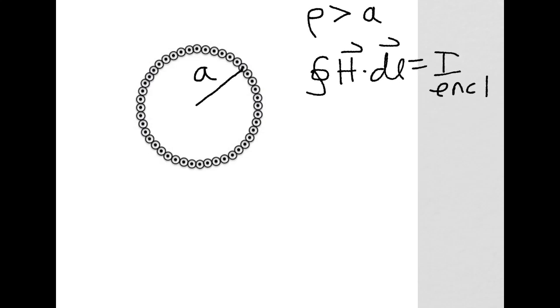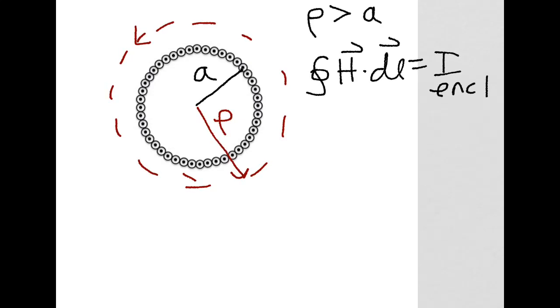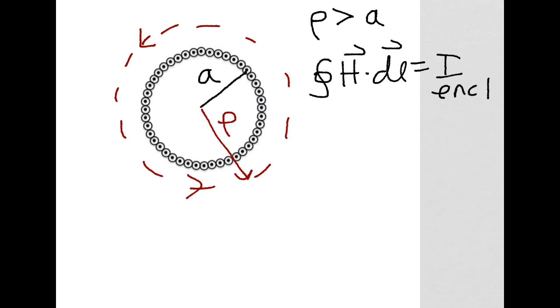The Amperian loop we're going to pick for our path of integration is a circle of radius rho centered on our cylinder. So let's pick the direction of our integration as counterclockwise.